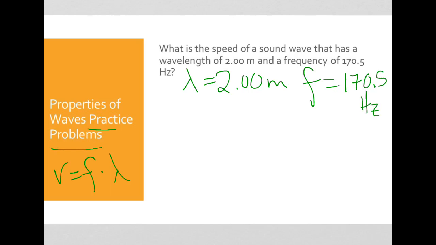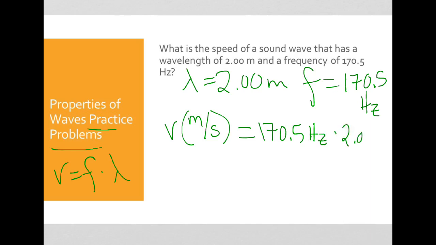Well, my speed, which will be in meters per second, is going to be my frequency of 170.5 hertz times 2.00 meters. If I plug that into my calculator, 170.5 times 2 gets me a speed of 341 meters per second.